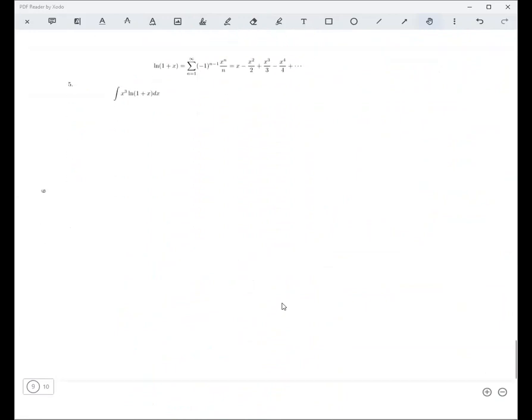Okay, number 5. The natural log of 1 plus x is this, and so we went over this one as well. Here, there's a couple things going on. They want you to take the integral of x cubed times this. So first of all, x cubed log of 1 plus x.